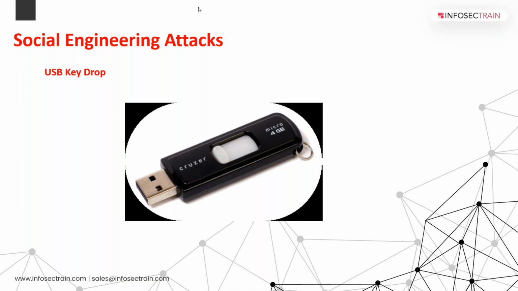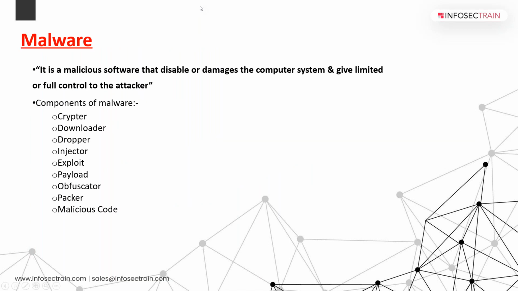Next thing we are going to discuss is malware. Now what is malware? Always remember, mal means malicious, ware means software. A malicious software which intends to harm. Malicious software that disables or damages the computer system and gives limited or full control to the attacker.